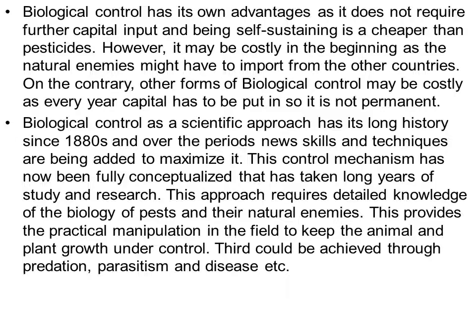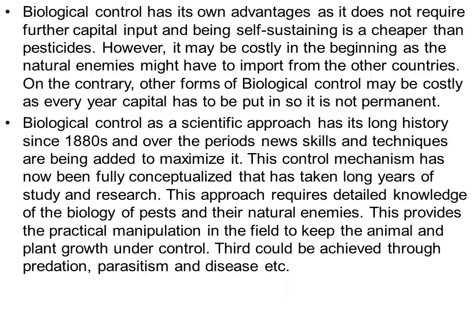This control mechanism has now been fully conceptualized, which has taken long years of study and research. This approach requires detailed knowledge of the biology of pests and their natural enemies. Now, this is very important because until and unless we know the biology of the pest, their life cycle, the different stages in their development, and of course their natural enemies, how are we going to employ them?